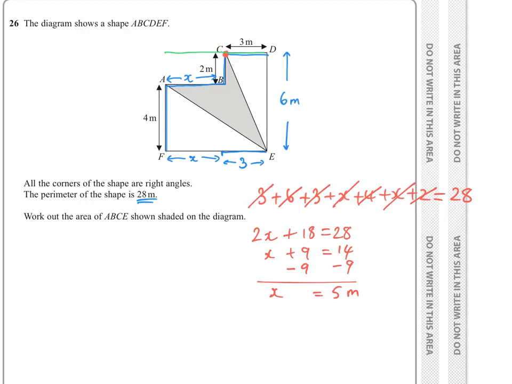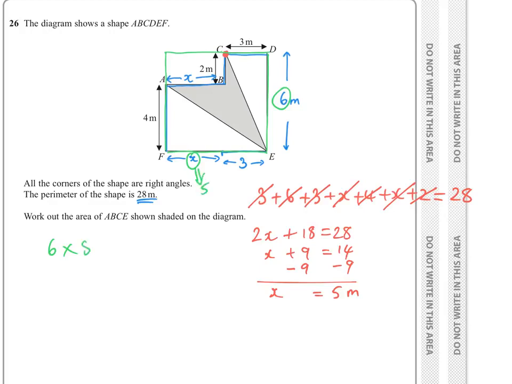I'm going to enclose a rectangle around it. And I know that the area of the rectangle, the green rectangle, will be 6 by, well, don't forget this is 5, we know what that is.